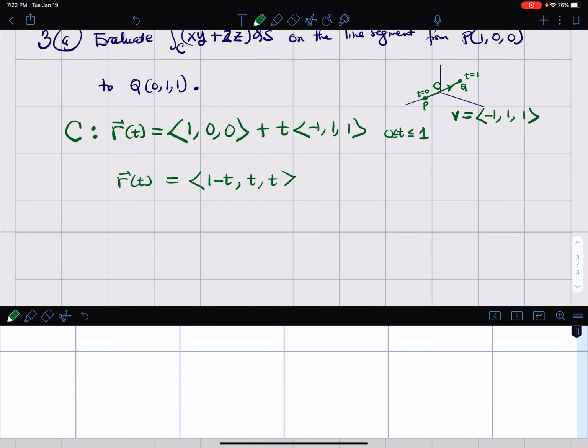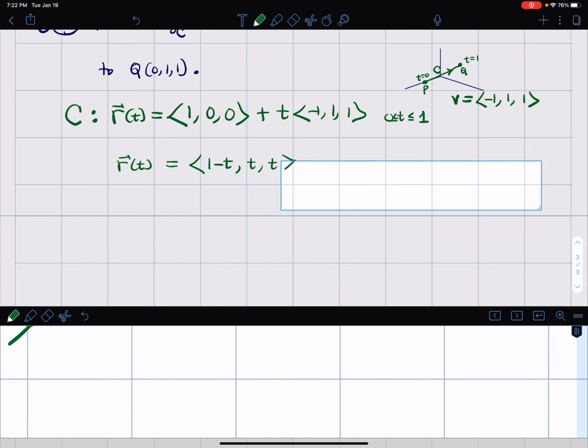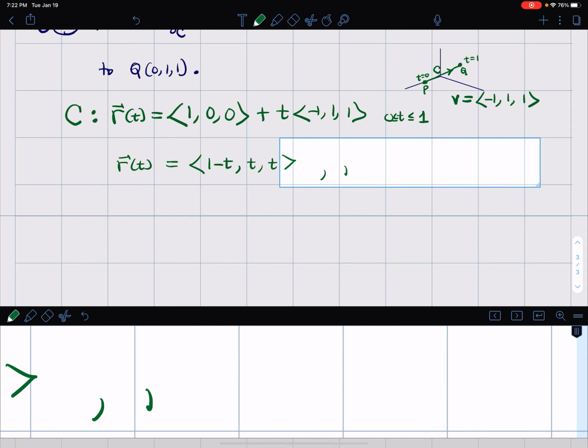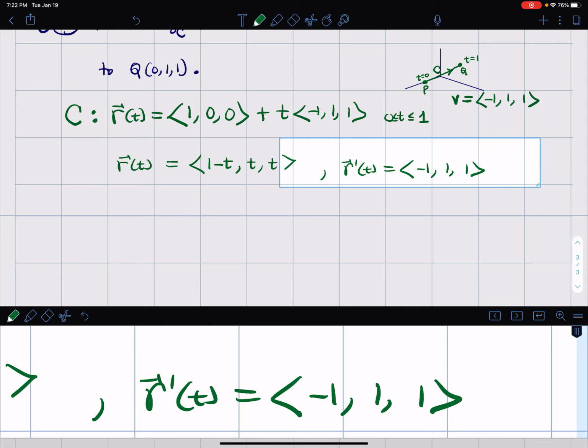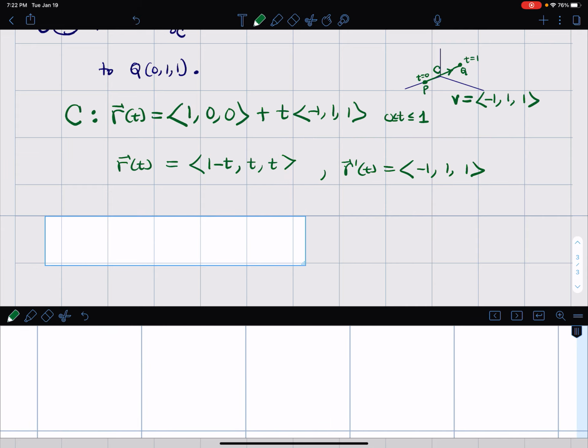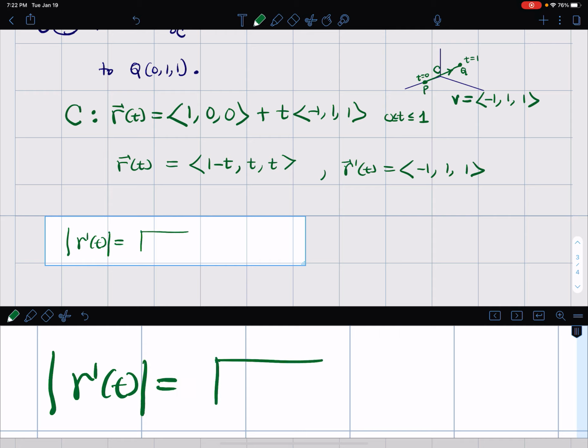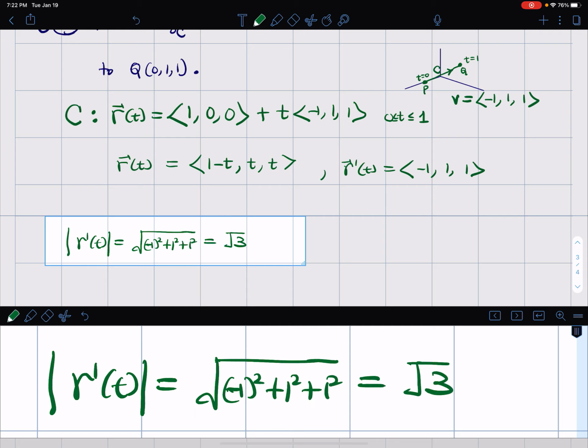Now let's go for r prime of t. R prime of t is just going to be, take the derivative, so you have negative 1, 1, 1. And then magnitude of r prime of t is the square root of negative 1 squared plus 1 squared plus 1 squared, which is square root of 3.